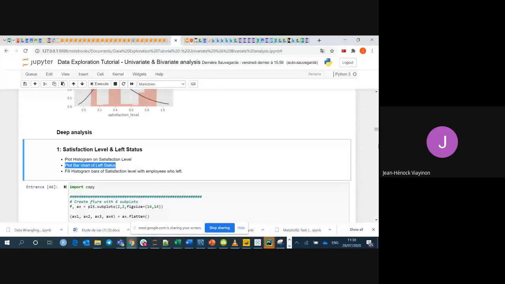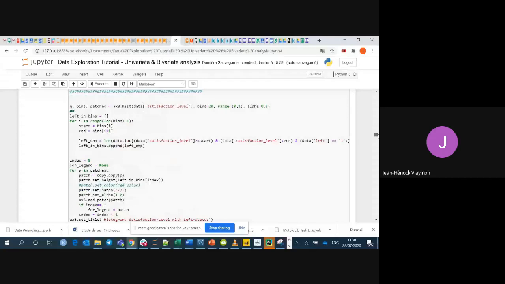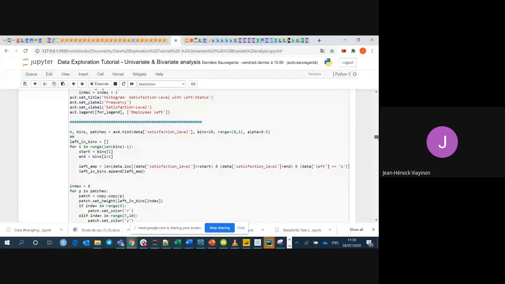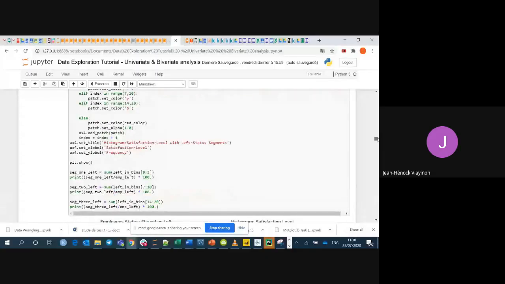I use these techniques here in this code to reflect some clusters, some segments of employees who leave. Don't go through the code now, just think about it as segmenting the people who left the company to see how they are distributed in the satisfaction level.